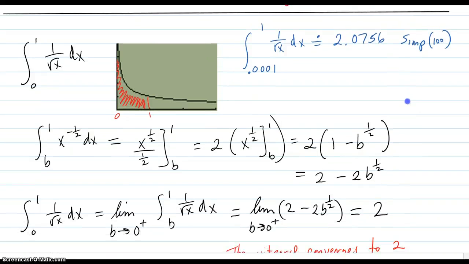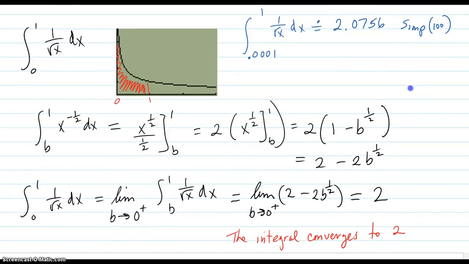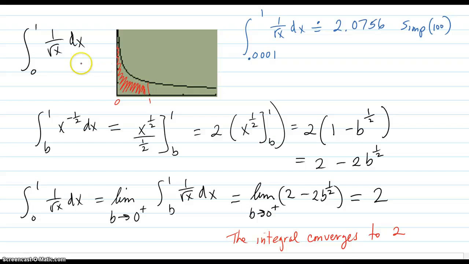And then another example here. 0 to 1 of that 1 over square root of x function. So this is the area we're talking about. That function does die into the y-axis asymptotically pretty quickly here, so this has a chance to converge.